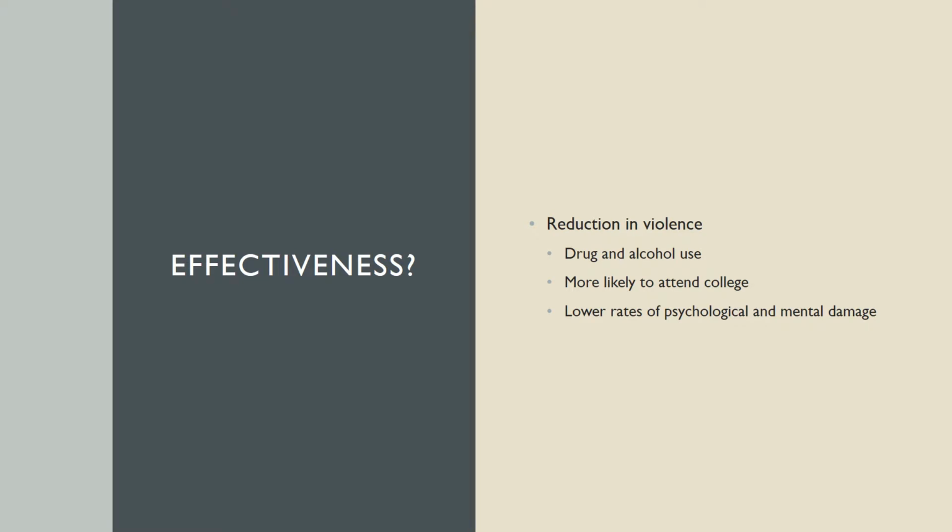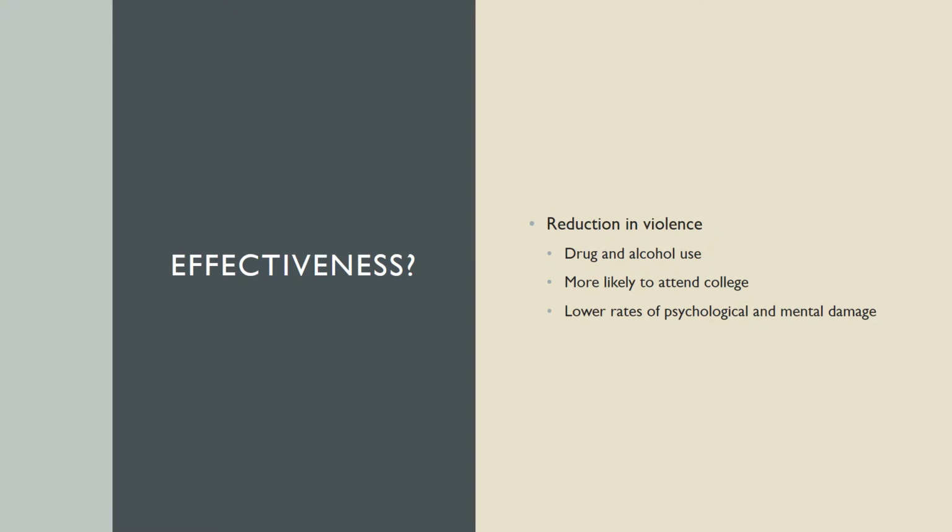Effectiveness. There are certain research papers and studies that I have looked up, and for the most part, they have collectively come together to say that the good behavior game in the long run reduces drug and alcohol use. Students are more likely to go to college.